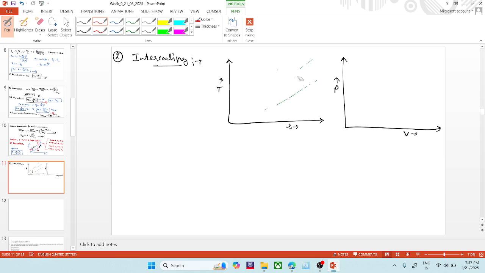So it is the multi-stage compression. The air is compressed in the first compressor, then it is compressed in another compressor.